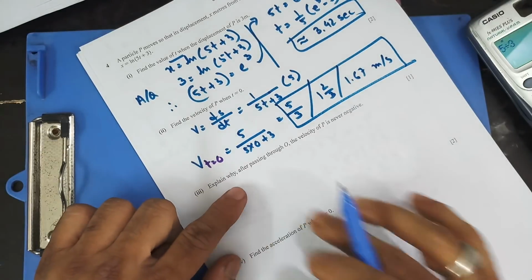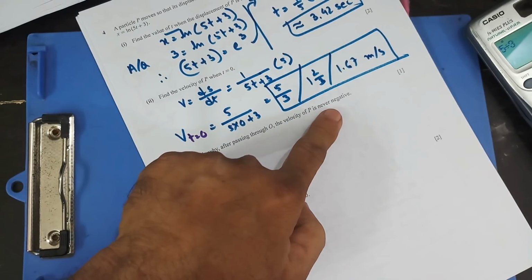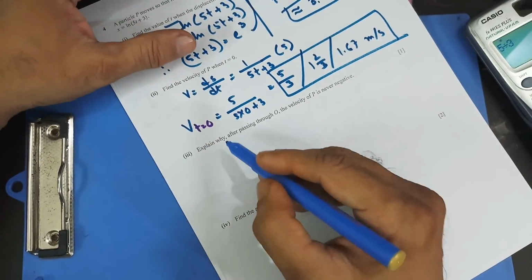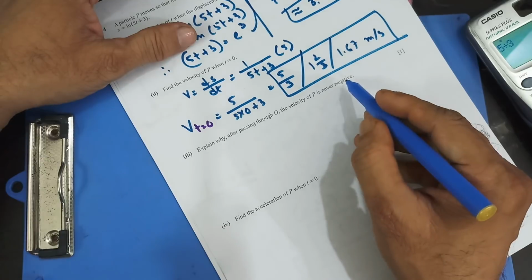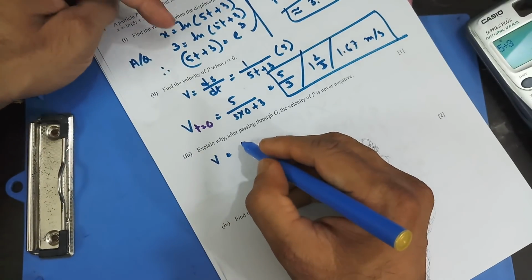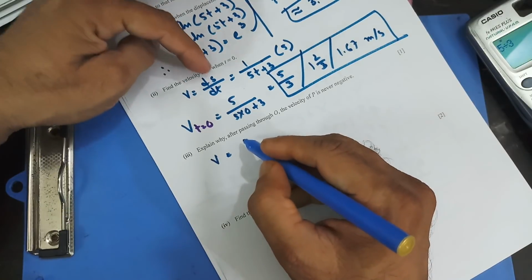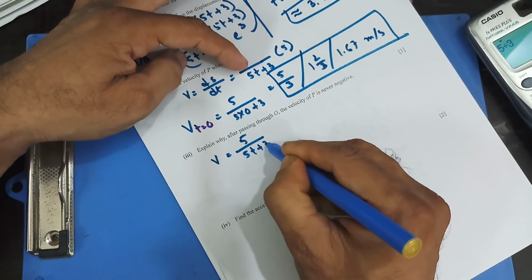Explain why after passing through O the velocity of P is never negative. Okay, question number 3. The velocity is 5 over (5t + 3).